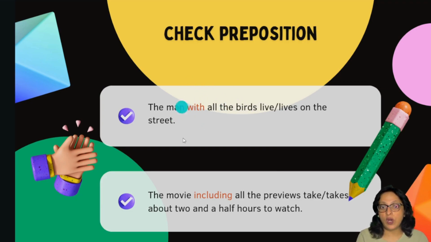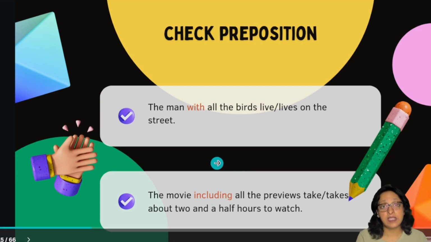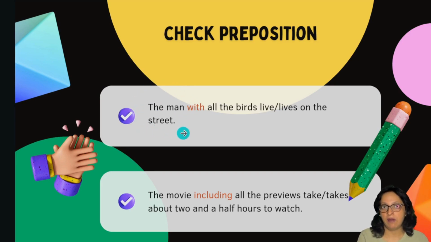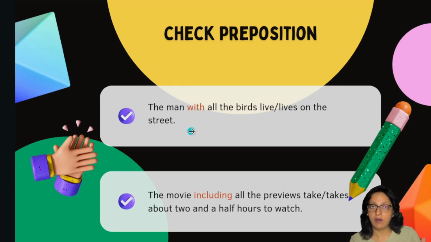If words like with, including, as well as are found, then any noun or subject that comes after that, we have to ignore it. So the main subject will become the man. Here it is a singular subject. Therefore, it is going to take a singular verb. So the sentence will become the man with all the birds lives on the street, because the man is the main subject. With all the birds is extra information.